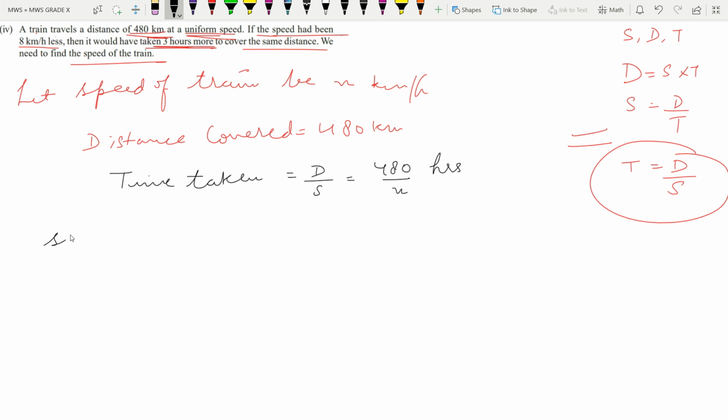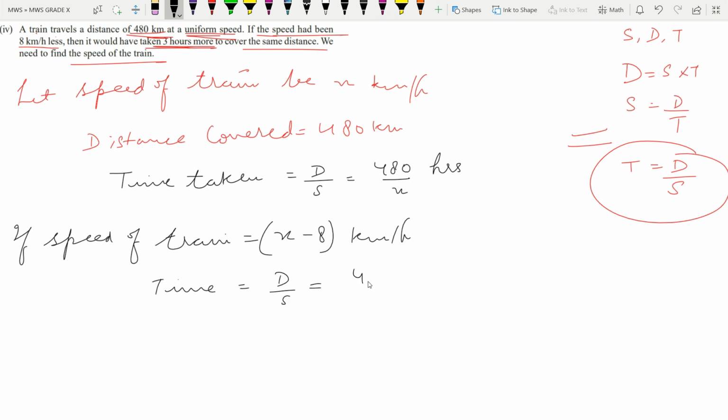And again now, if the speed of the train is 8 km less, earlier it was x, now it is x minus 8 km per hour, and the distance is the same, then time will be distance upon speed, where the distance is 480 and speed is now x minus 8 hours. So time is in hours.